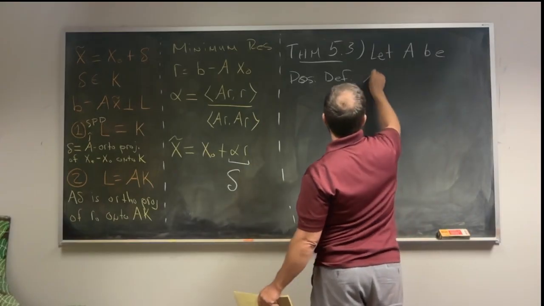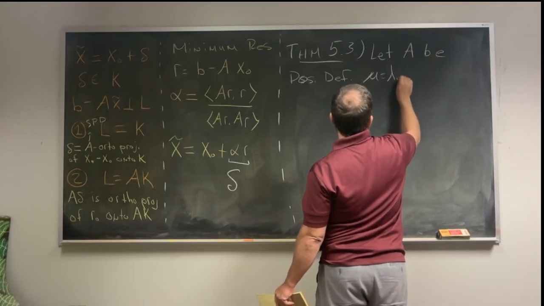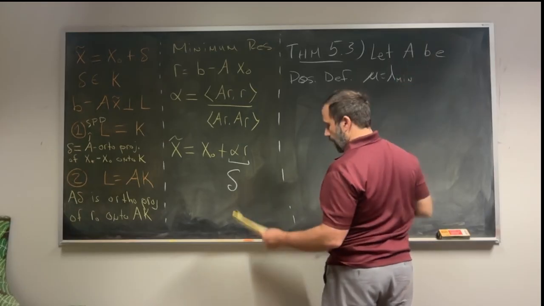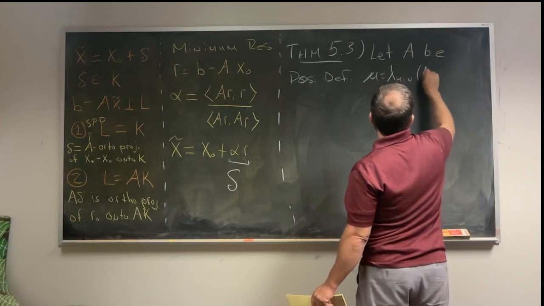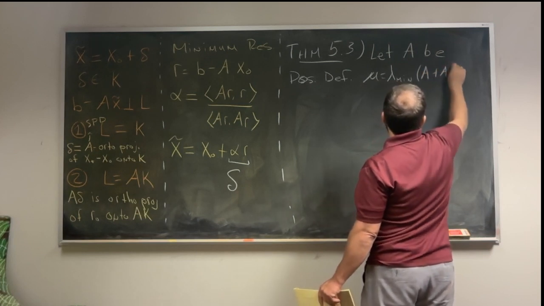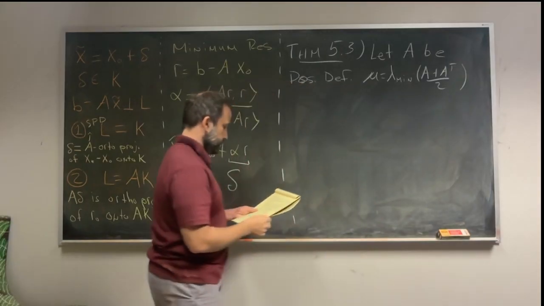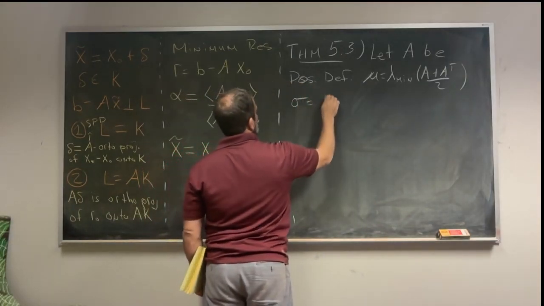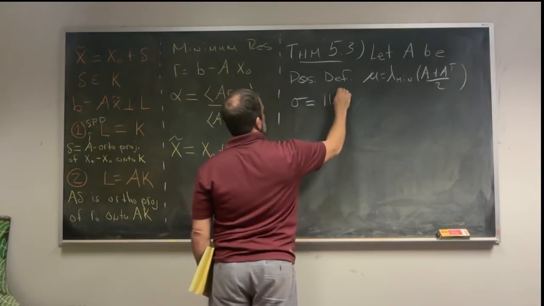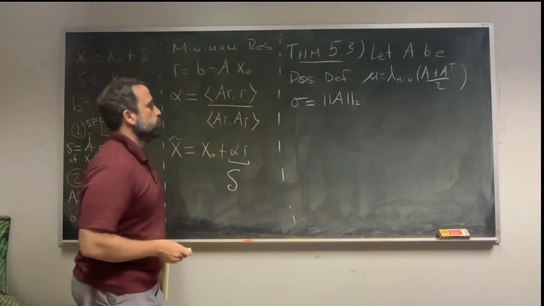Let mu be the smallest eigenvalue of A plus A transpose divided by 2. And let sigma be equal to the norm of A in the norm induced by the 2 norm.